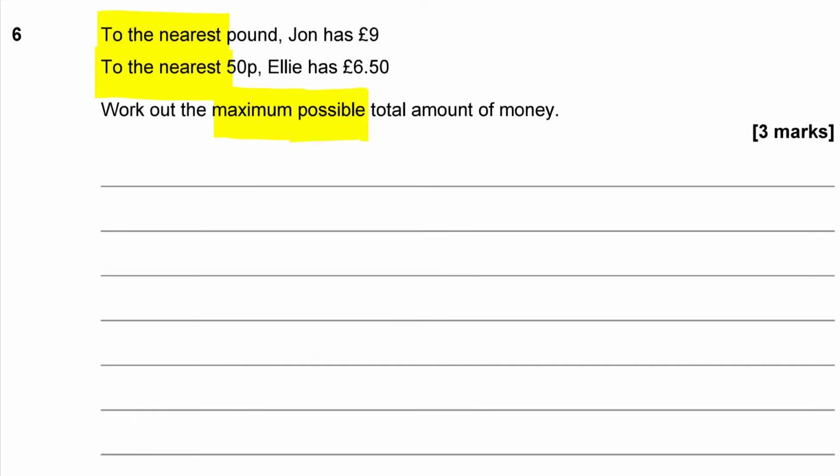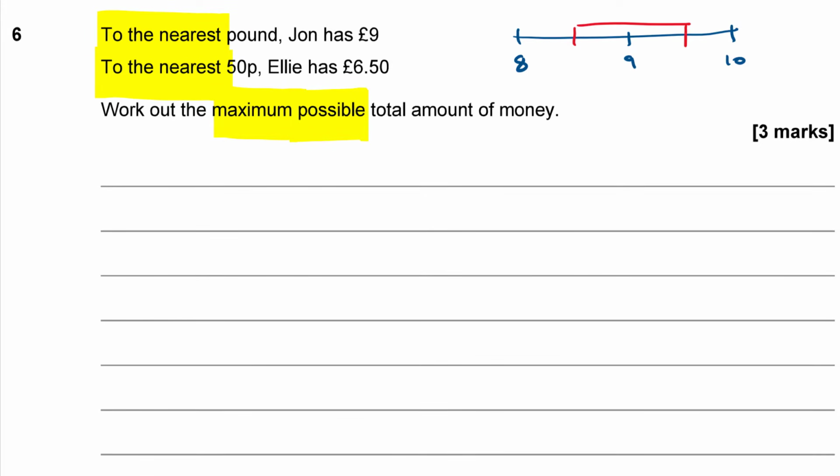Right, so how do you approach these? Well, I always draw a scale and I mark on the number I'm given, 9. It's to the nearest pound, so I'm going to use that scale to go £1 up and £1 down. The values that round to 9 are the values halfway between 8 and 9, up to halfway between 9 and 10.